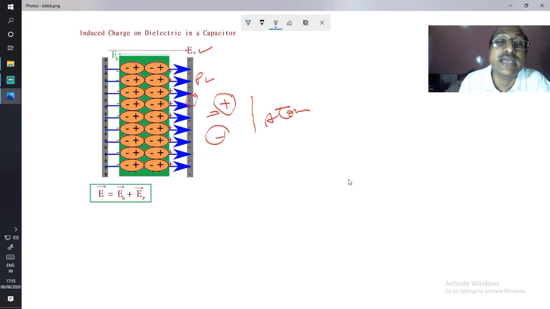Similarly, the total negative charge on the electrons revolving around the nucleus will also experience electrostatic force, due to which the total negative charge will be attracted towards the positively charged plate P1, or you can say against the direction of the electric field E naught.